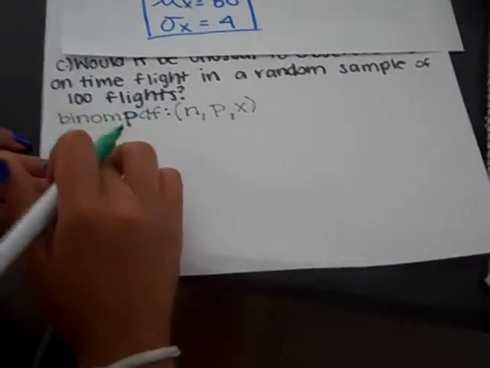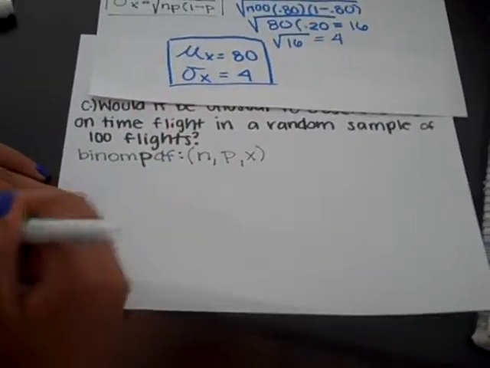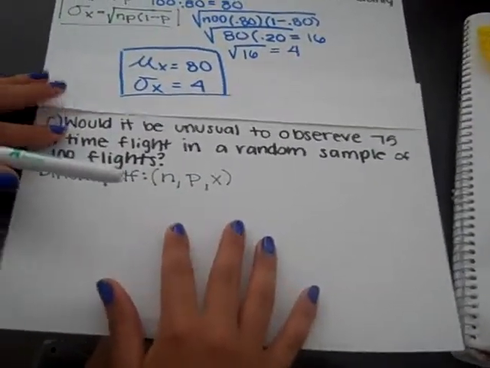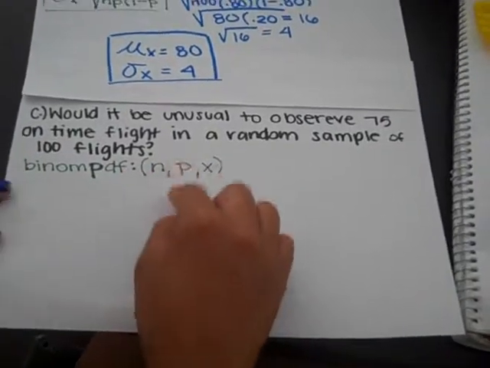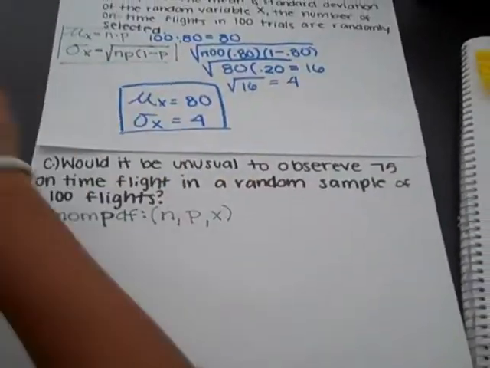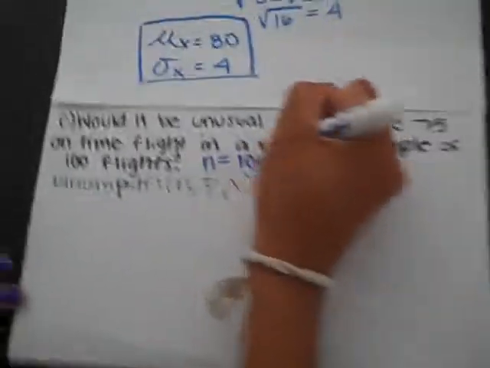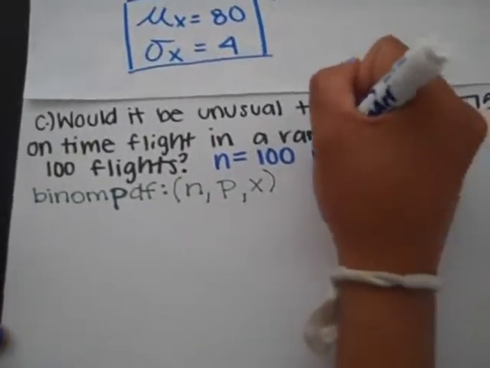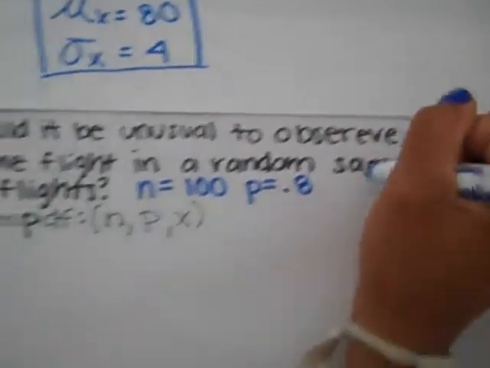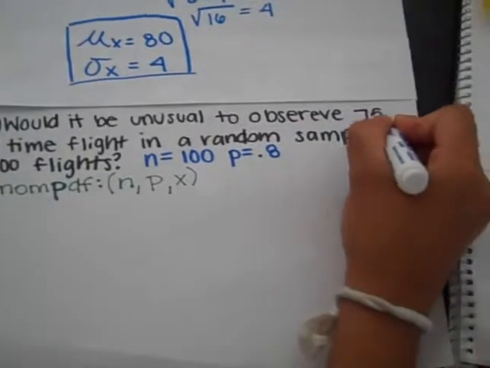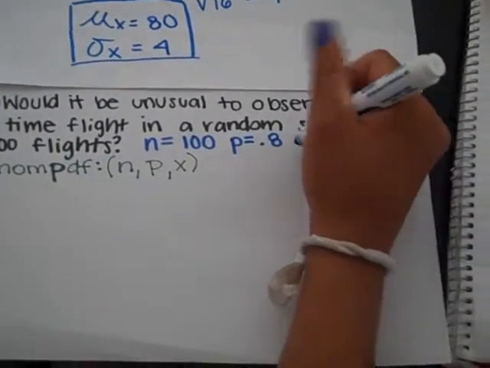This is a formula that you plug into your calculator. First, figure out what n is. From the first problem, n equals 100. We also found that p equals 0.8. The new variable x is 75, since you are trying to find 75 flights.